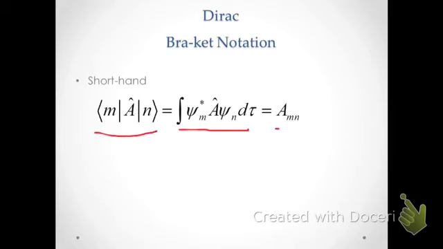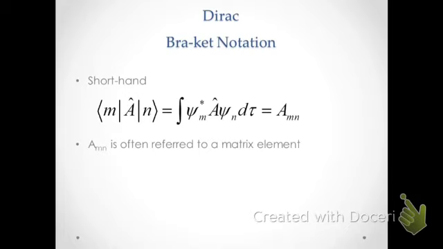We also sometimes write it just very simply with A. Of course, A represents the operator that's in this integral, with the subscript m and n, which is sometimes referred to as a matrix element, and we'll see why that's the case a little bit later on in the semester.